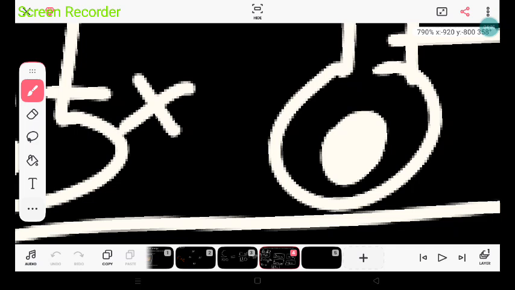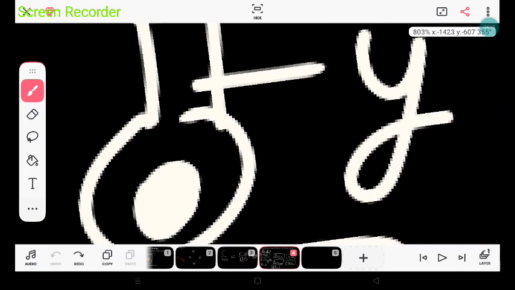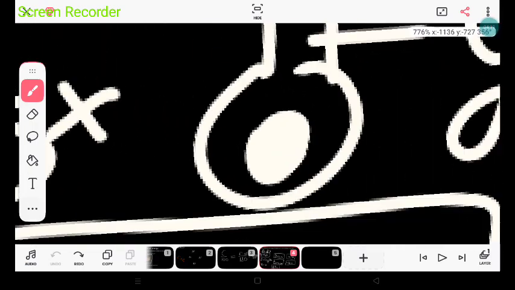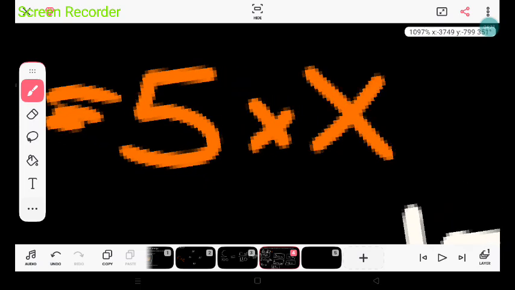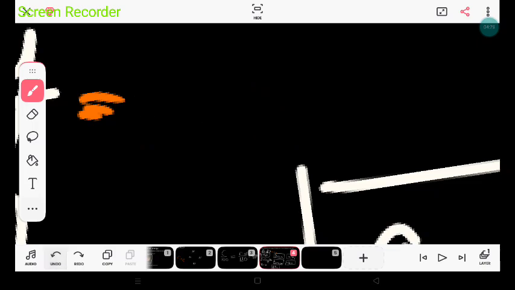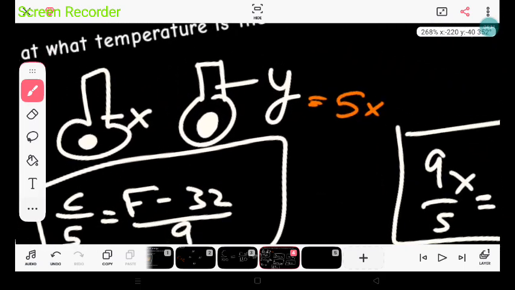Suppose the Celsius scale reading is x, and y is equal to 5 multiplied by x, which is 5x. So if y is equal to 5x, then what will the value of x be? We need to find that out.